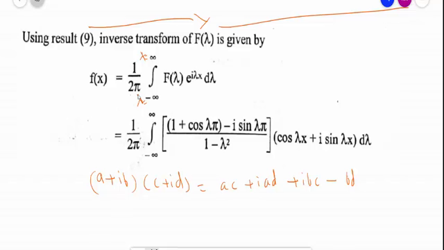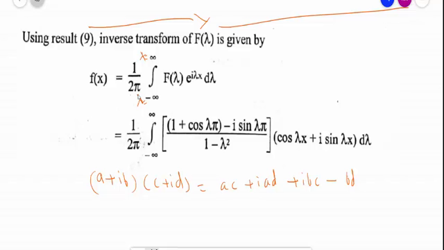Before considering this, we have to take 1 minus lambda square outside from these two brackets, and just focus on the product of two complex numbers. This you can take as a plus i into bracket minus sin lambda pi. Means in short we have to use such a result, a plus ib into the second bracket c plus id, and its product is ac plus iad plus ibc minus bd.